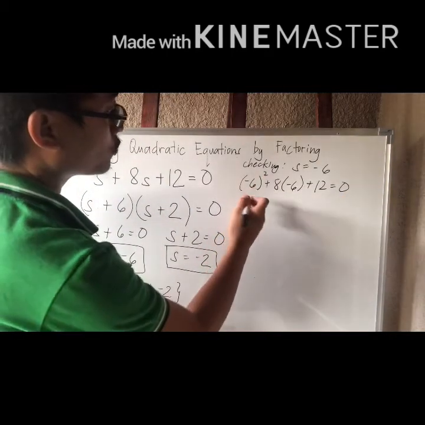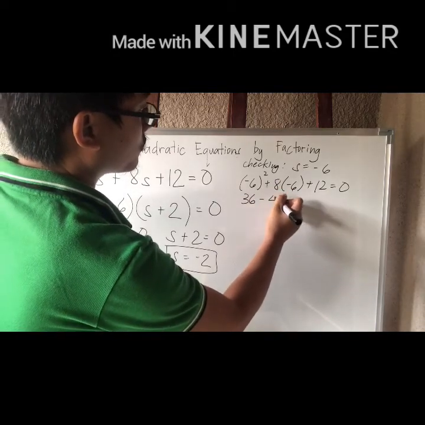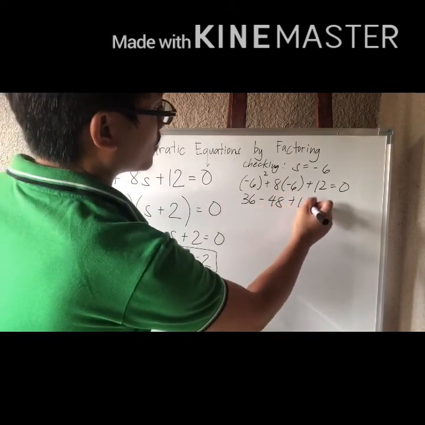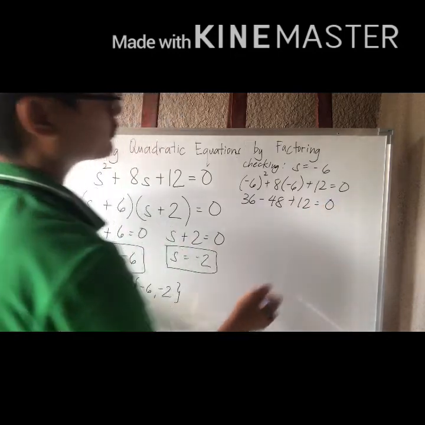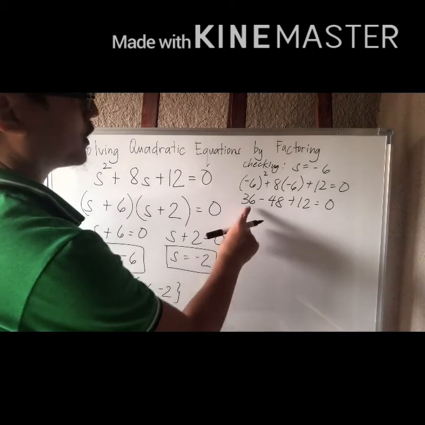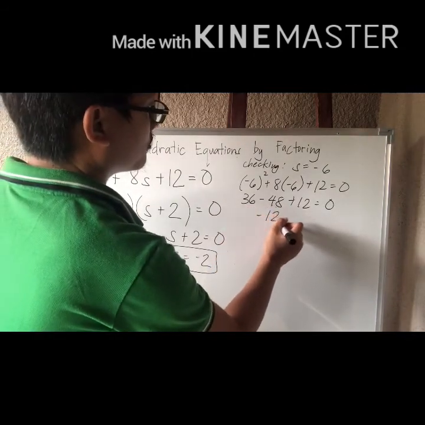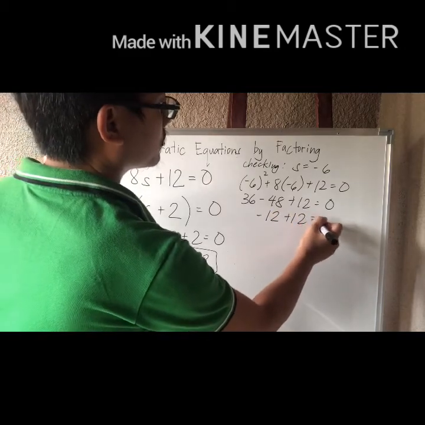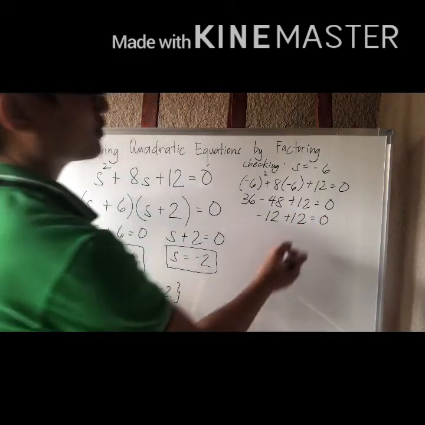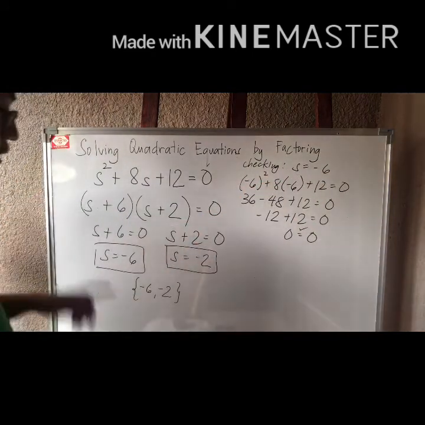So negative 6 squared is positive 36. 8 times negative 6 is negative 48 plus 12 equals 0. Then that's 36 minus 48, that's negative 12 plus 12 equals 0. So 0 is equal to 0. So that is correct for negative 6.